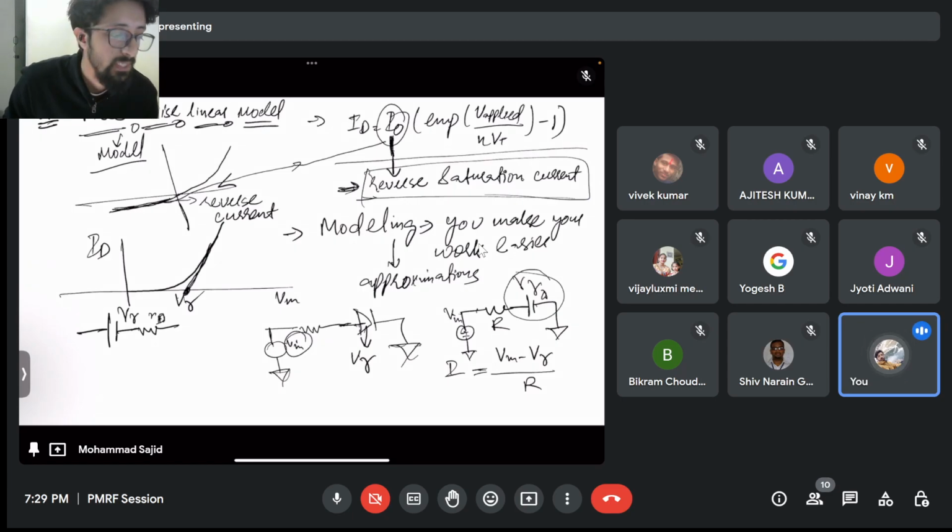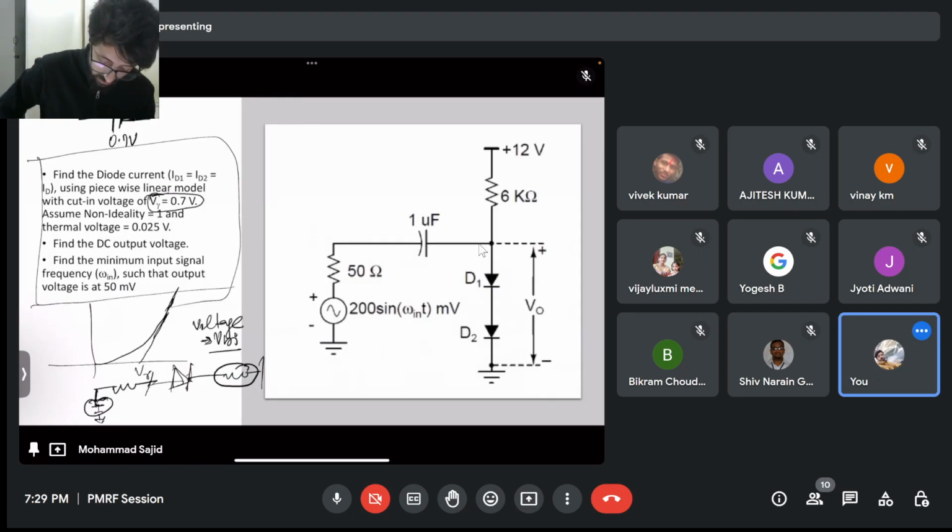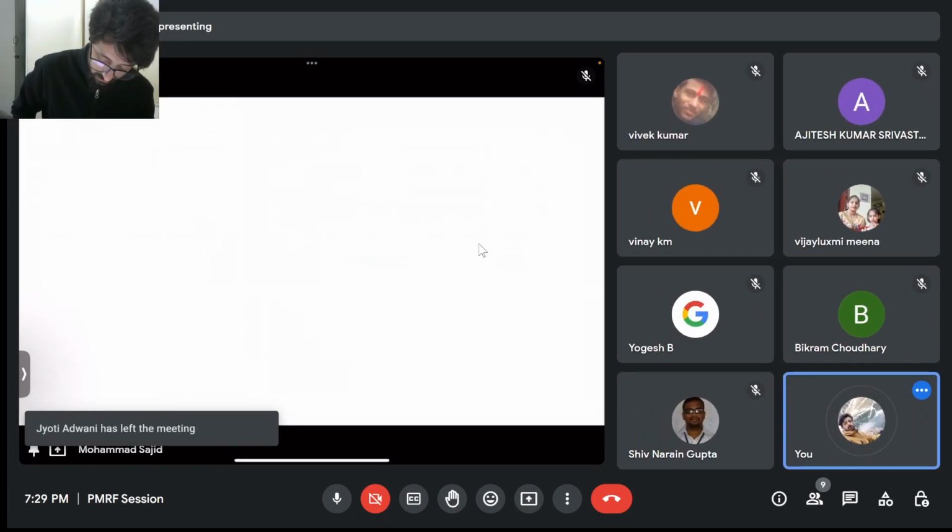There is always some resistance associated with the device. So now the question was to find the diode current using the piecewise linear model with cut-in voltage 0.7, assuming non-ideality 1 and thermal voltage 0.025. Fine.